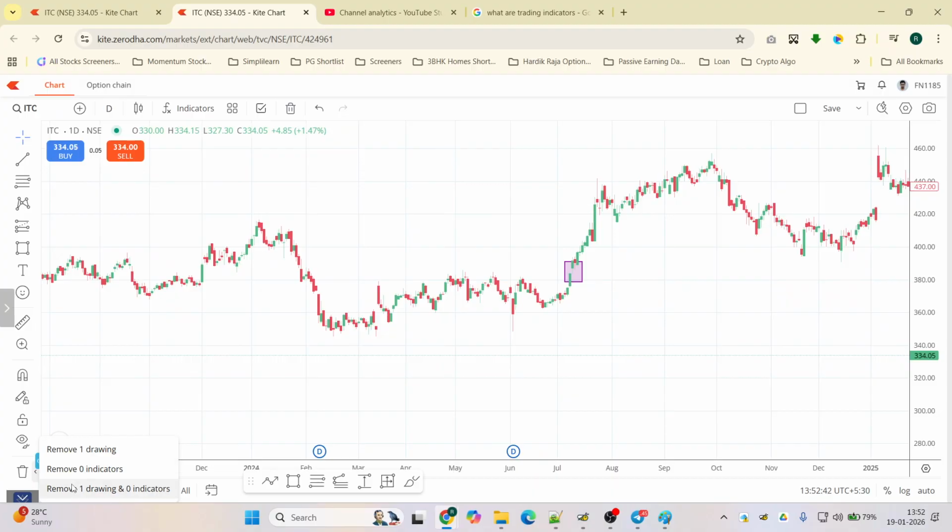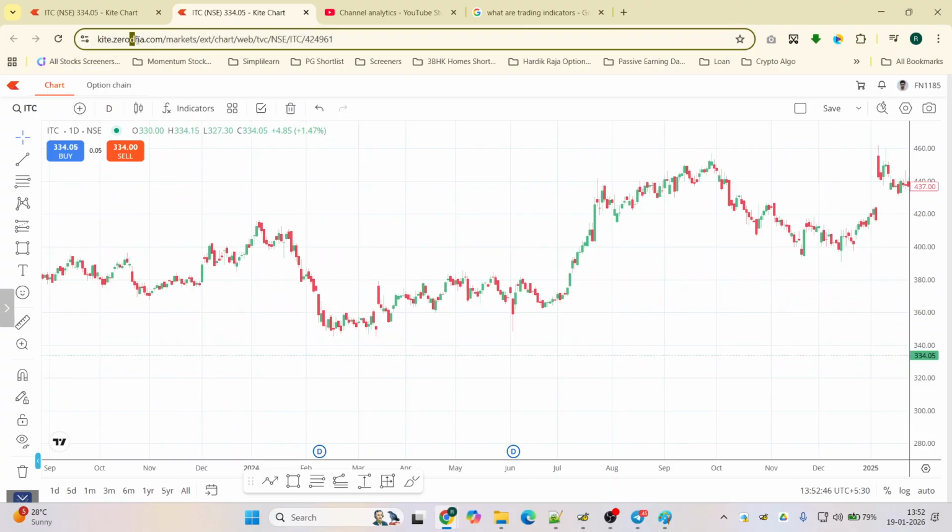So how to add these indicators on the chart? You can see I'm using Zerodha's chart. How to add the indicators is basically the same across all brokers. There might be only a little bit of difference, but more or less the process is the same.